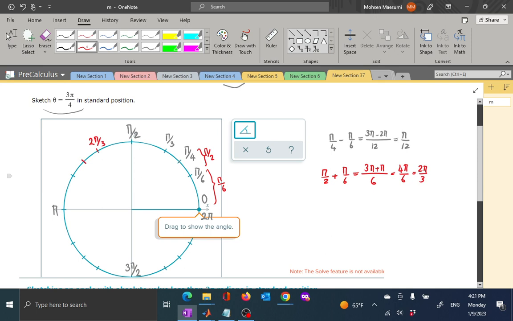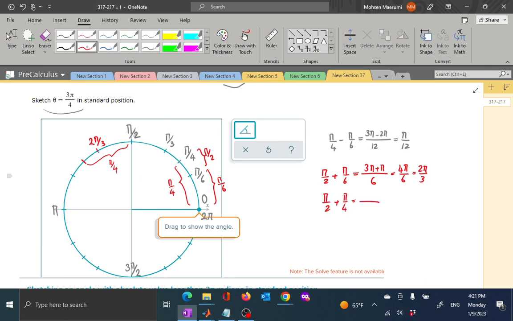How about this location? Well, let's also remember that this angle is pi over 4. You can add pi over 12 to 2 pi over 3, or you can take pi over 2 and add to it pi over 4. So common denominator 4, 2 pi plus another pi makes it 3 pi over 4.